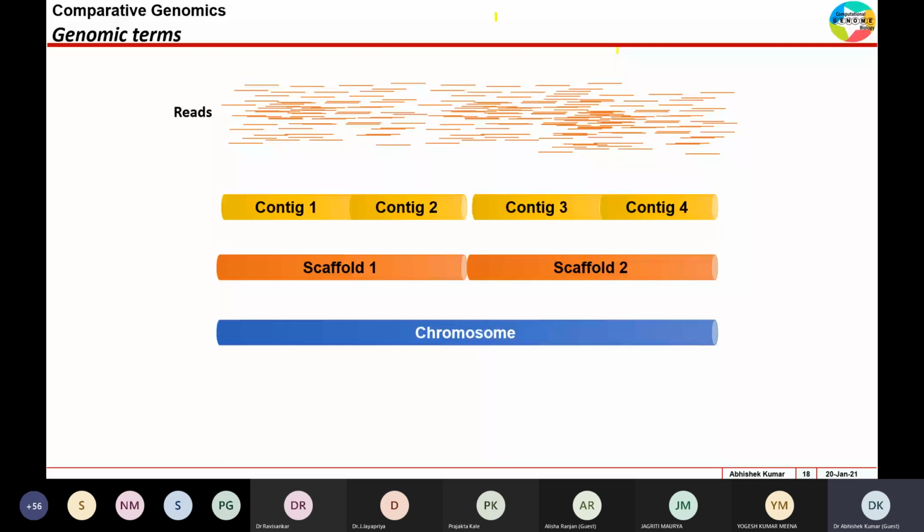So what do you expect? Contig to be bigger or chromosome to be bigger? Definitely the chromosome will be bigger, because more than one contig will form a scaffold, and more than one scaffold will form a chromosome. So the chromosome is the largest unit. And many times reaching a chromosome is not possible, because you do not have the data required for assembly.